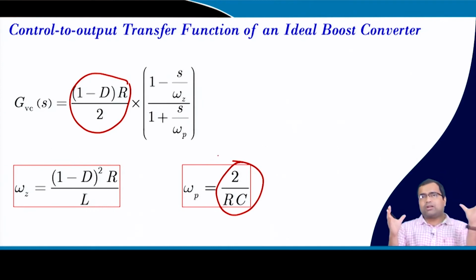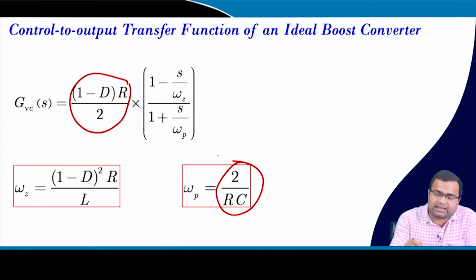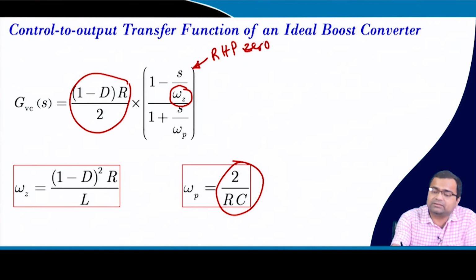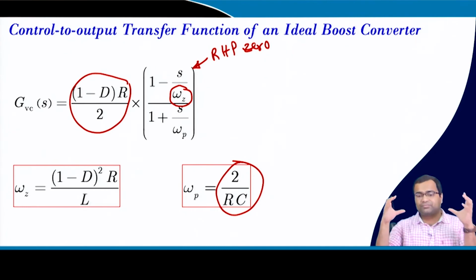That means the boost converter, which originally in duty ratio control has 2 poles, now has a single pole, because the inductor is replaced as if by a virtual current source. But what is important here is that it has a right half plane zero, that means an RHP zero.